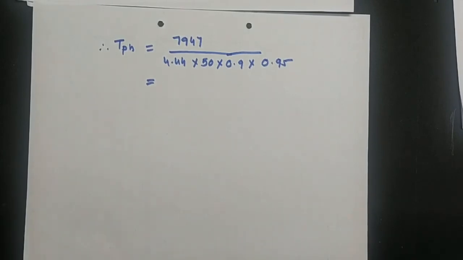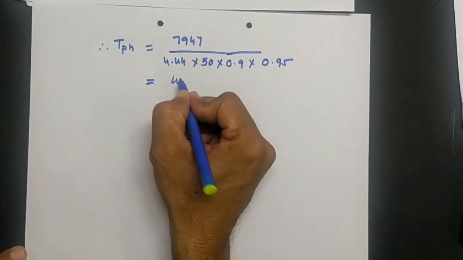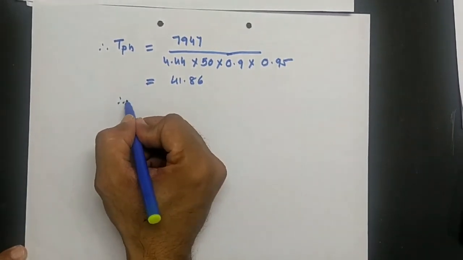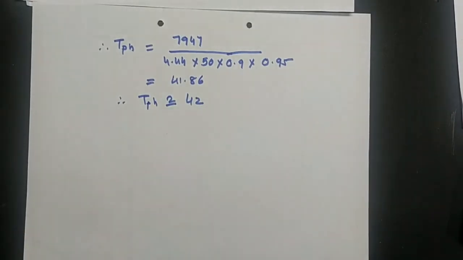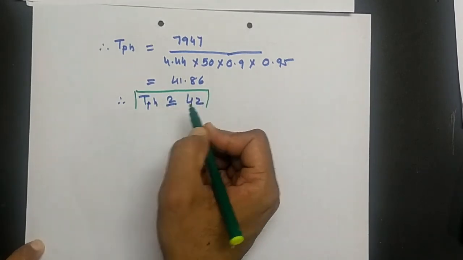If we simplify this equation, we have 7947 divided by 4.44 divided by 50 divided by 0.9 divided by 0.95. So it comes to 41.86. But we know that number of turns is always an integer value, so we can consider it as 42. So turns per phase we have calculated.